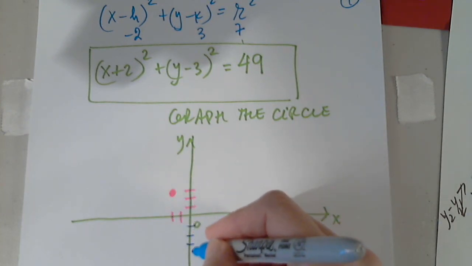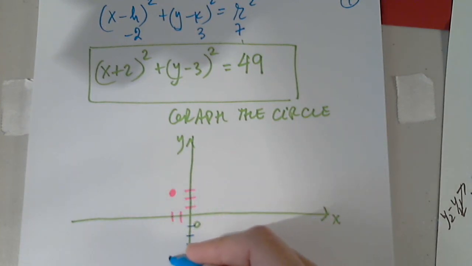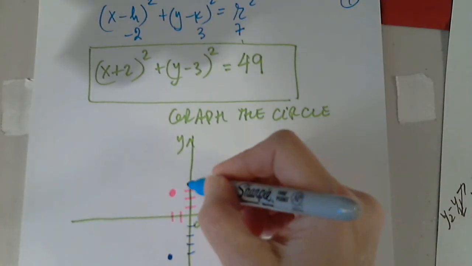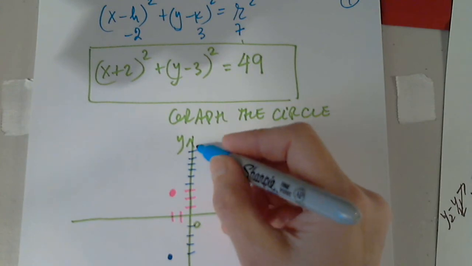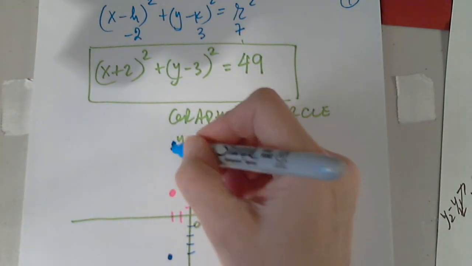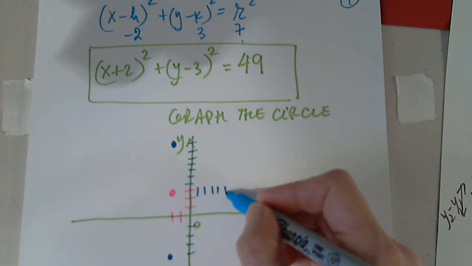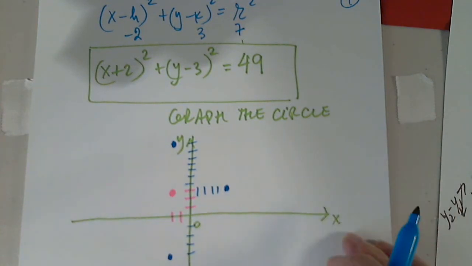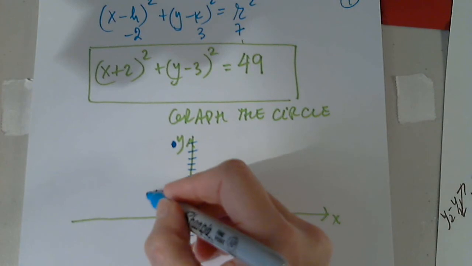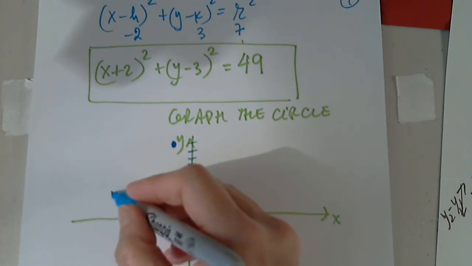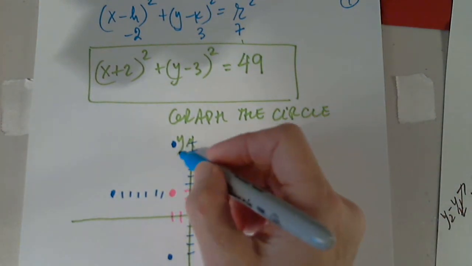South, I have 3 here. 1, 2, 3, 4. So this is 1 south of the center. 1, 2, 3, 4, 5, 6, 7. 1 north of the center. 2, 3, 4, 5, 6, 7. East. And 1, 2, 3, 4, 5, 6, 7. Of course, my graph is not going to be perfect.